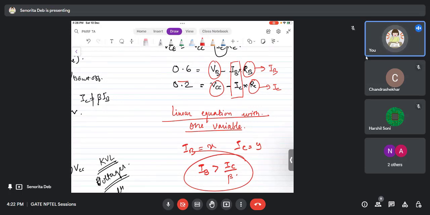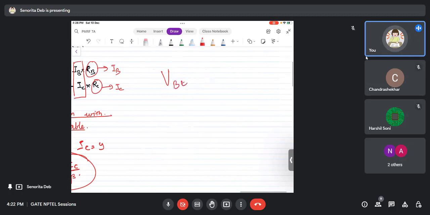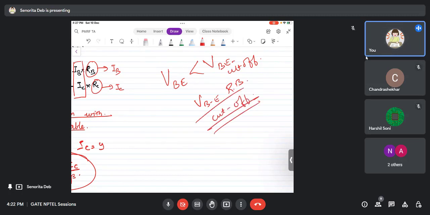The other region which is there is cutoff. Identifying cutoff is very easy. Normally if VBE is less than VBE cutoff, then the input junction is reverse bias, and therefore it can be in cutoff. In this case you also find VCB.